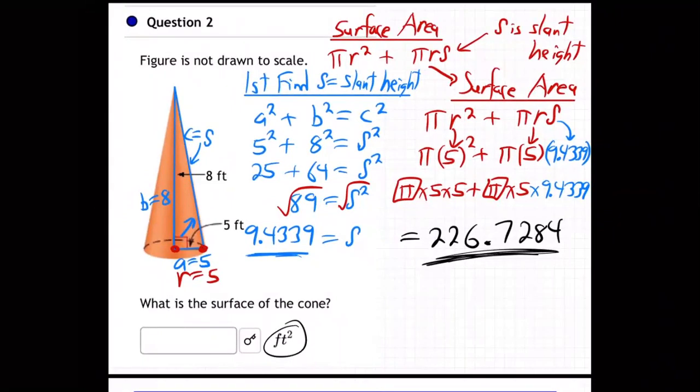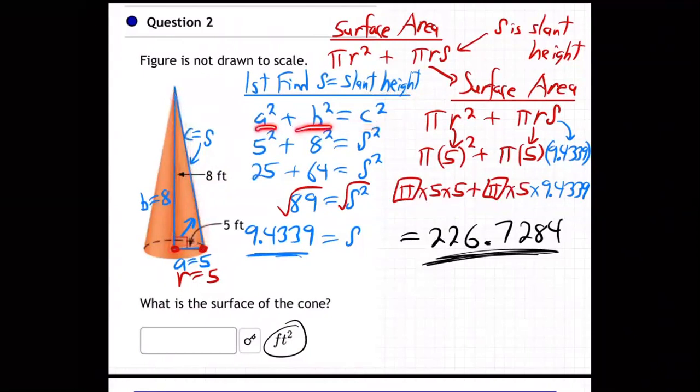We're finding surface area. So again, the formula for surface area for a cone is pi r squared, which is the circle on the bottom, plus pi rs, which is the sides. And S is the slant height. Well, they didn't give me the slant height. They gave me the straight down the middle height of 8 and the radius at the bottom of 5. So I had to first find the slant height using a squared plus b squared is c squared, because that's a right triangle right there.